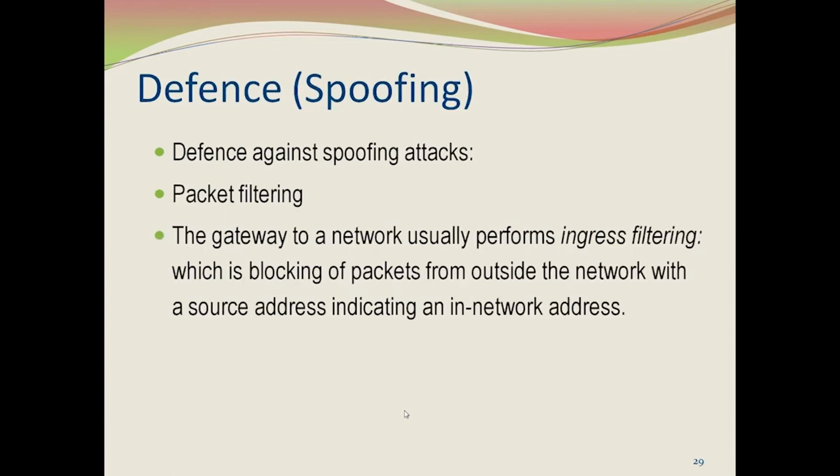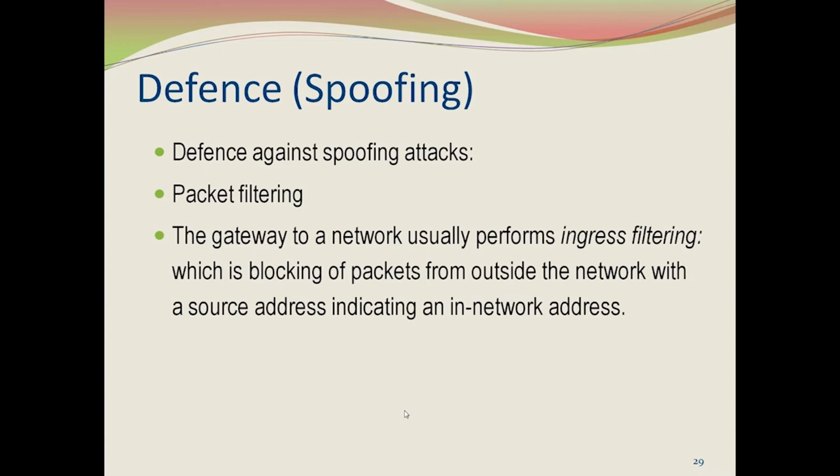So, what can you take as a defense against such? So, one may be packet filtering. That means, you can check the packets for the source, for the destination, and sometimes for the contents also. Contents in the sense, the divisions of the contents, whether it contains this tag, whether it contains that part, and so on and so forth, that can also be checked.